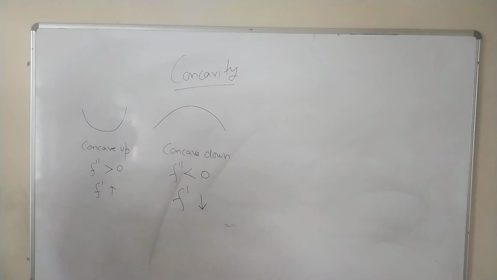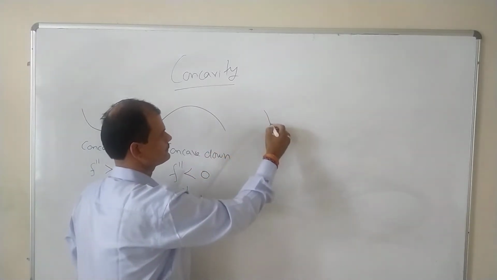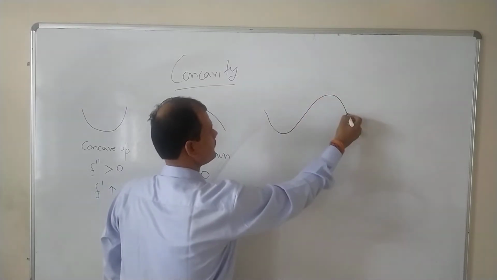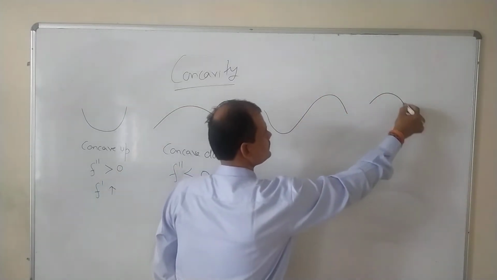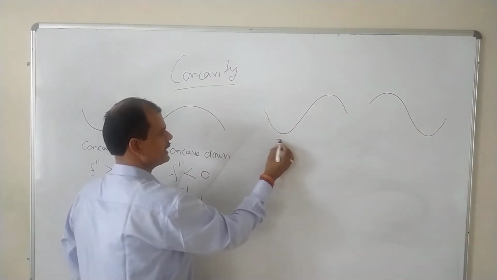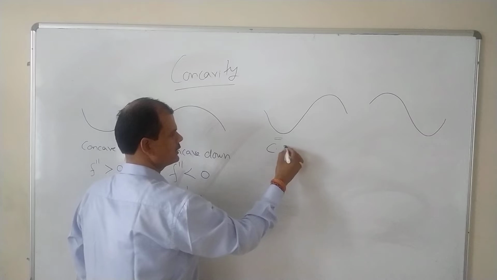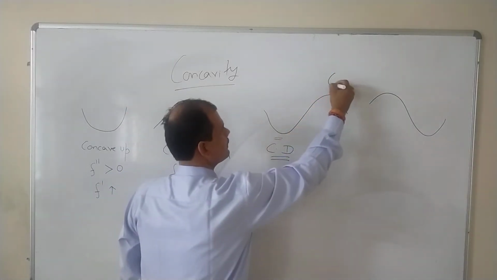Now how does this concavity change? Okay, I'll take one example here. I'll take one function. So if you see here, this is your concave down, CD, concave down, and this is the concave up.